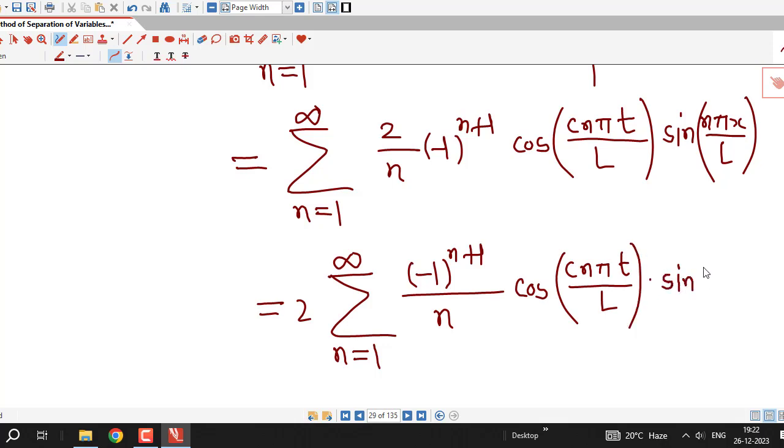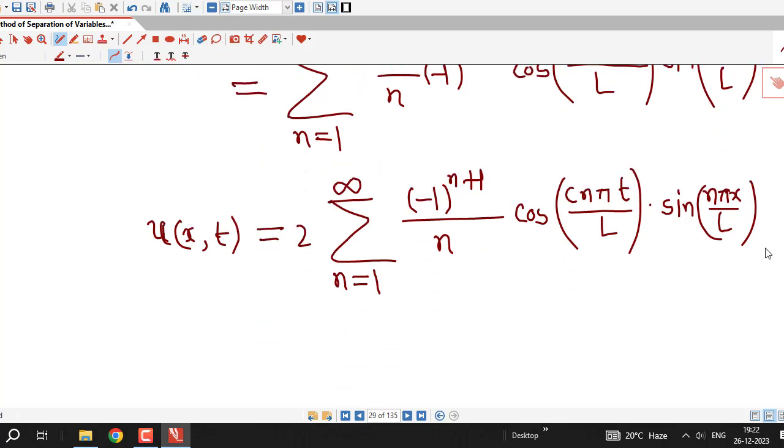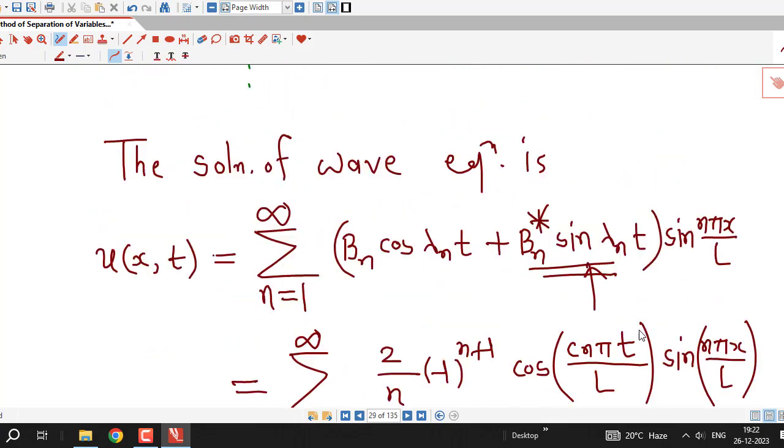into sin(n pi x divided by L), and this is the solution of the given problem satisfying the given boundary and initial conditions, and this is valid for all values of x between 0 and L and for all values of t which are non-negative.